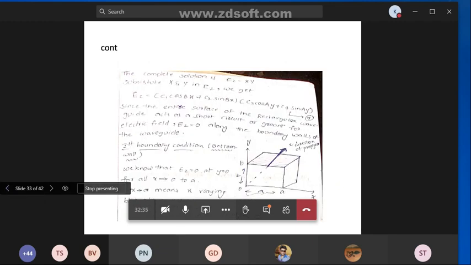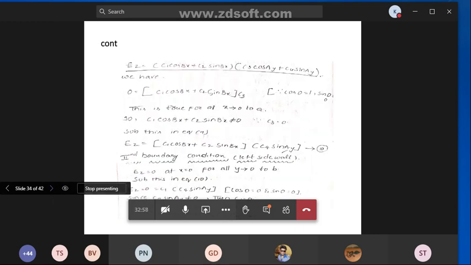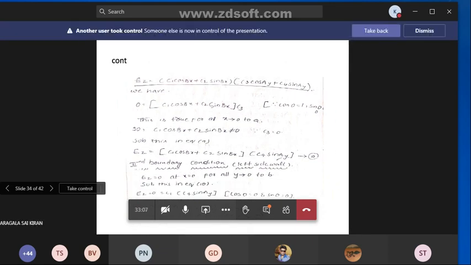See here, what are the boundary conditions? So with reference to this diagram, the bottom wall boundary conditions are y equal to 0, Ez equal to 0, and x changes from 0 to a. So if you substitute y equal to 0 here, then cos becomes 1, so it becomes C3.